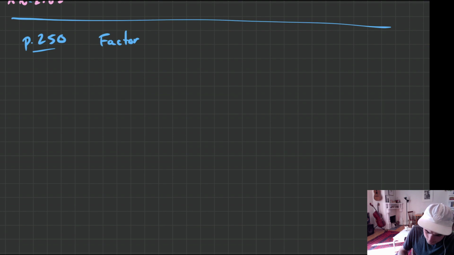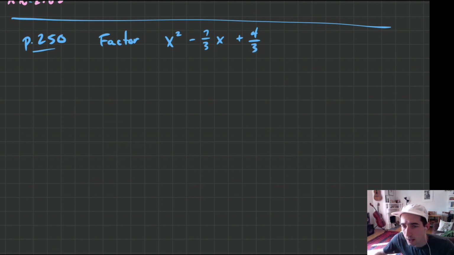I'm going to adjust this a little bit. Let's factor x squared minus 7/3 of x plus 4/3. Okay?